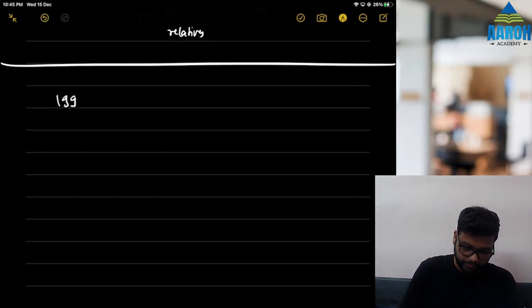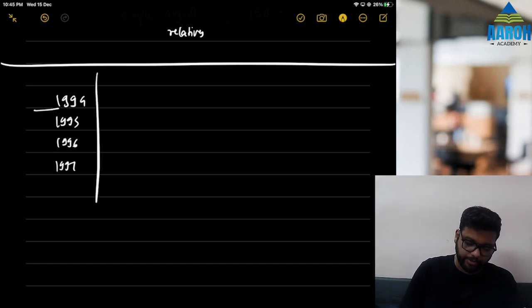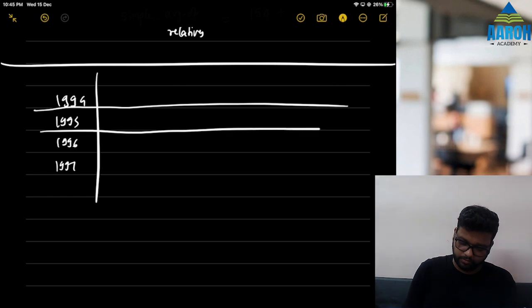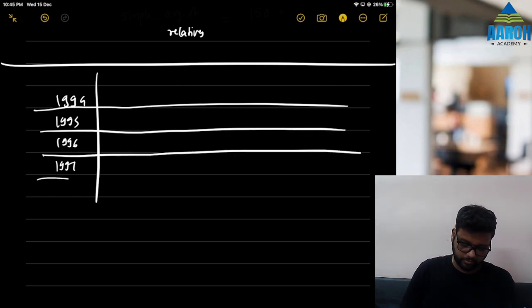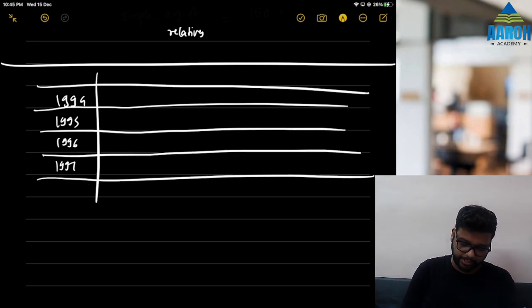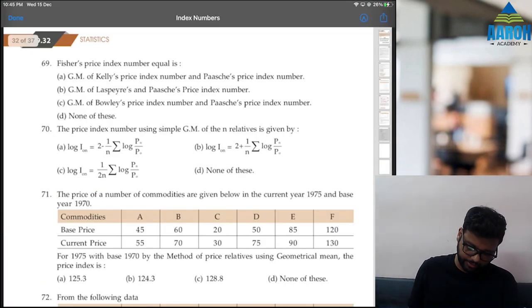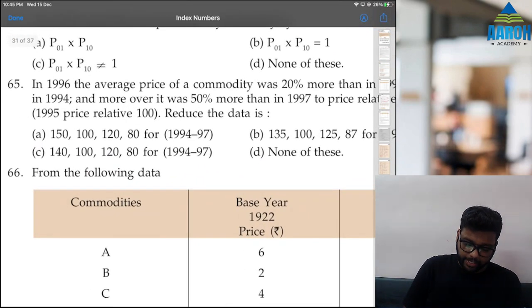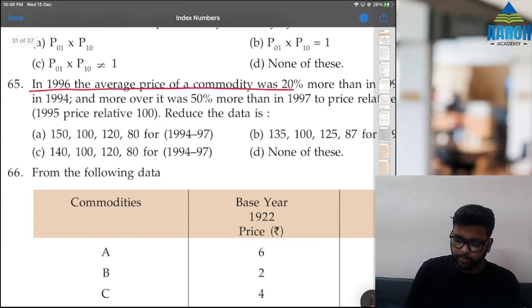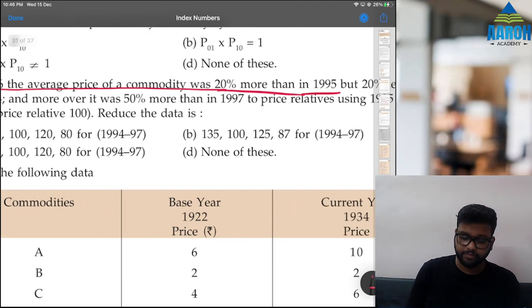We have 4 years. Which year do we have to take as base from the options? 1995, so let's take it as 100. Now we want to find everything else. From the first sentence, what can we see? In 1996, average price of commodity was 20% more than 1995.